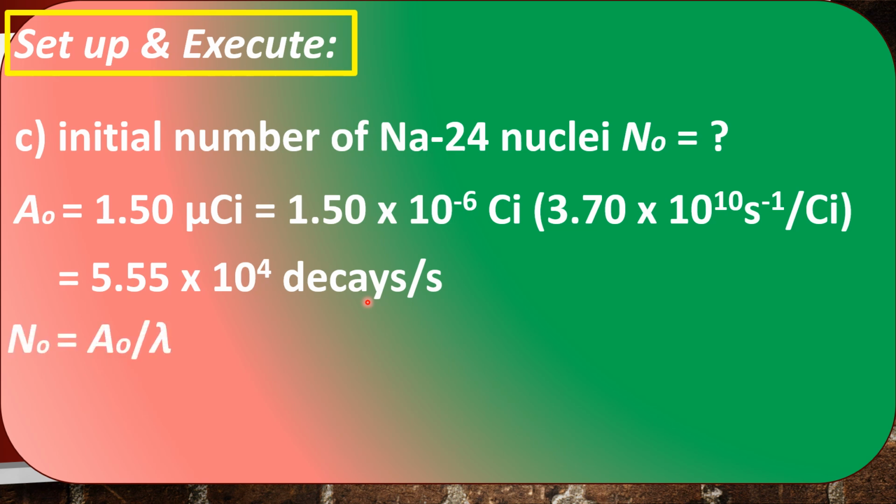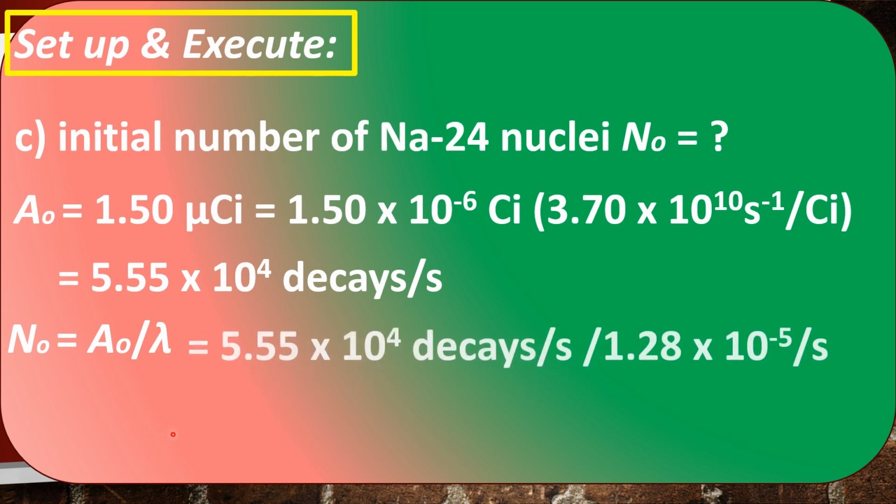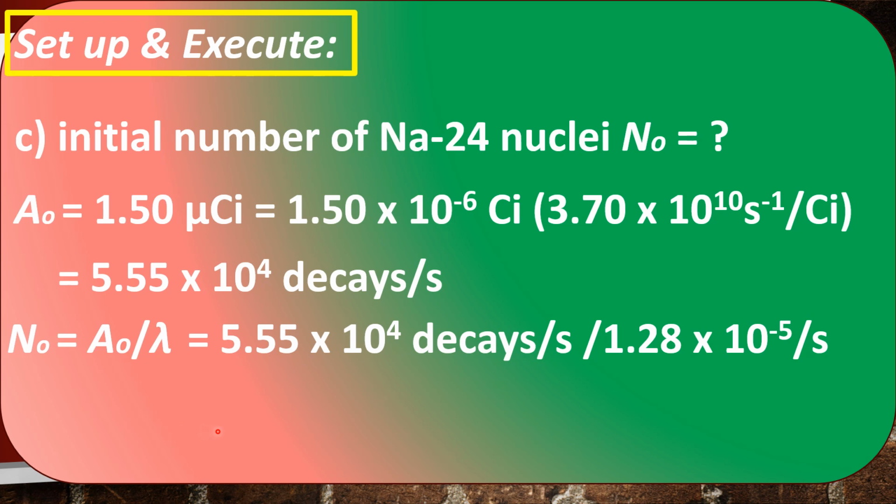So we now proceed in computing for N naught, which is just equal to A naught divided by lambda, or that is 5.55 raised to the 4th power decays per second divided by the value of lambda, which is 1.28 times 10 to the negative 5 per second.